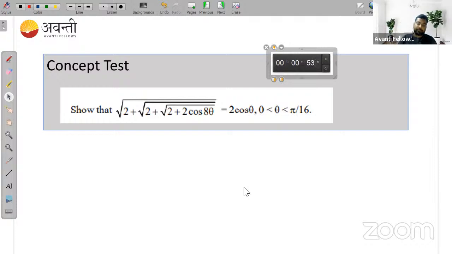You have to prove this. हो गया सबका? You have to just use the formula.